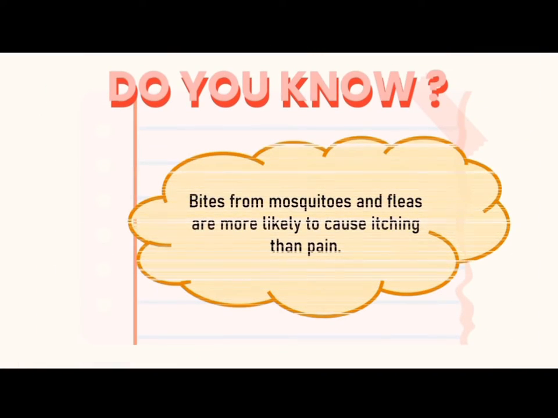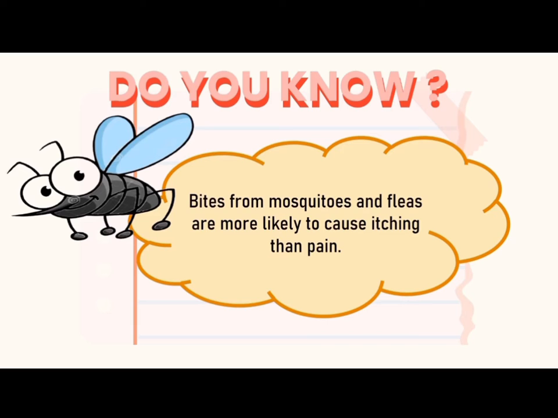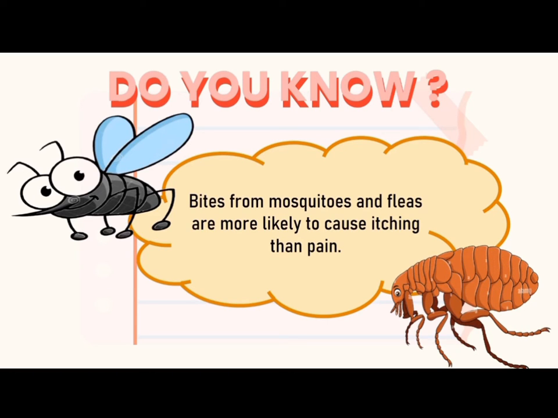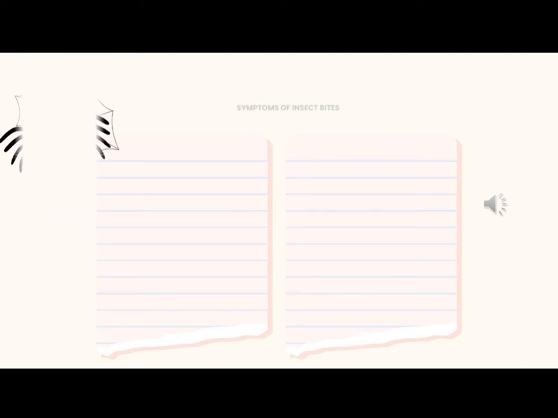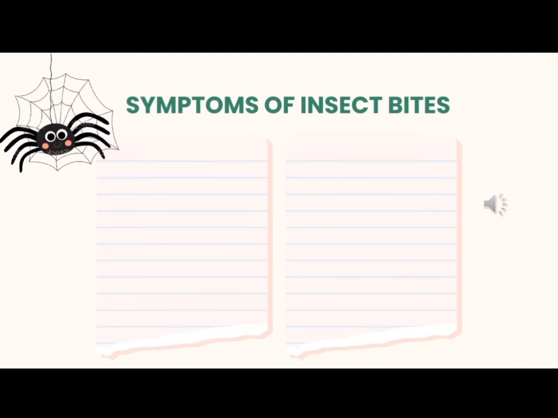Do you know bites from mosquitoes and fleas are more likely to cause itching than pain? This means when you are bitten by a mosquito or flea, you will feel itchy on the bitten part instead of feeling pain.